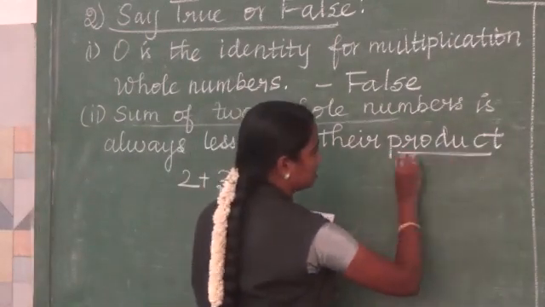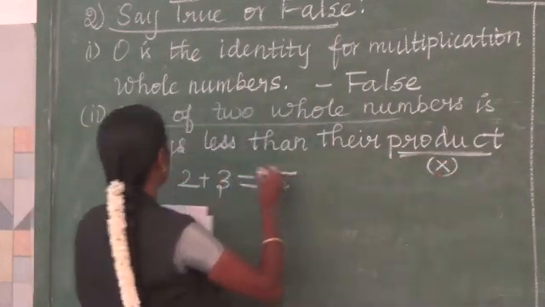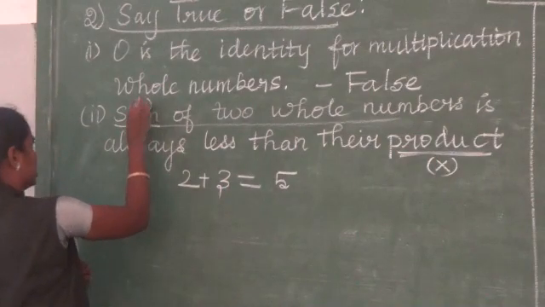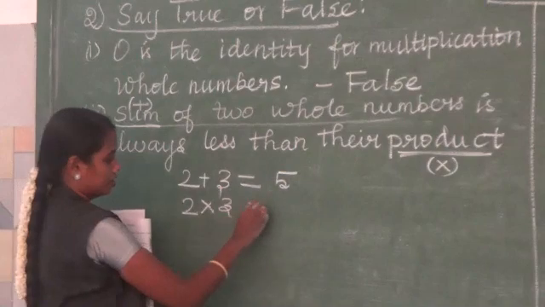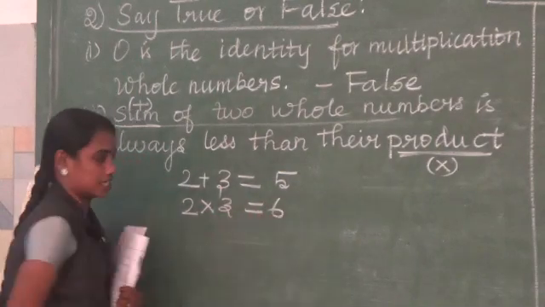Product means multiplication, so 2 into 3 is 6. Yes or no?